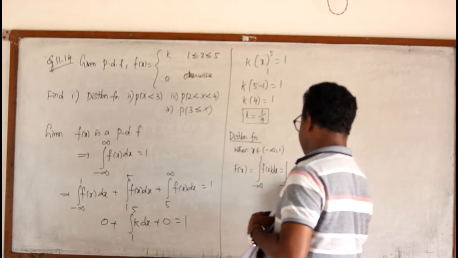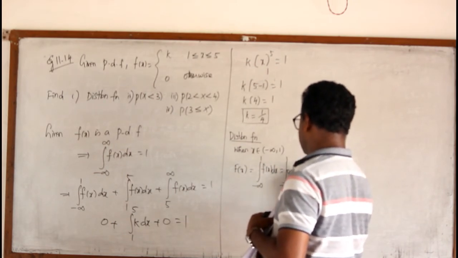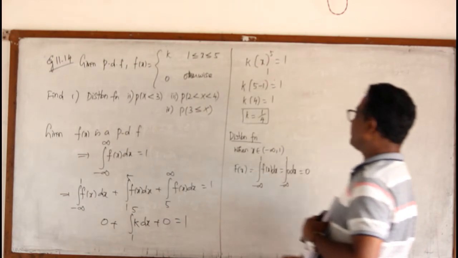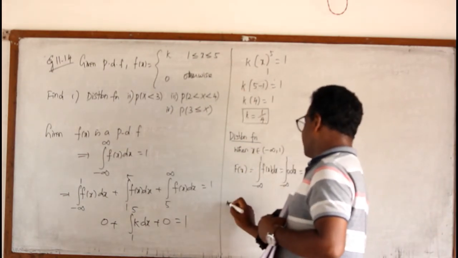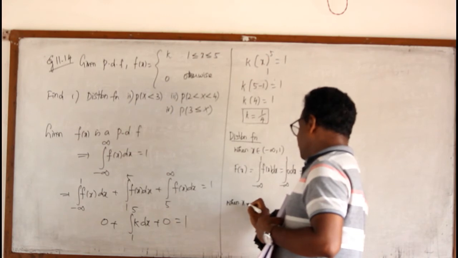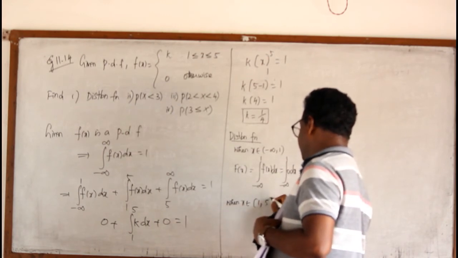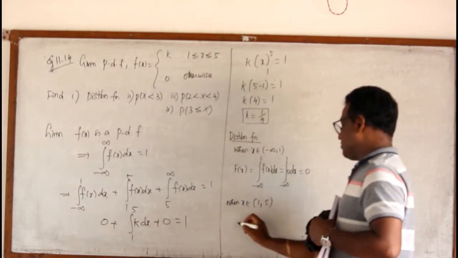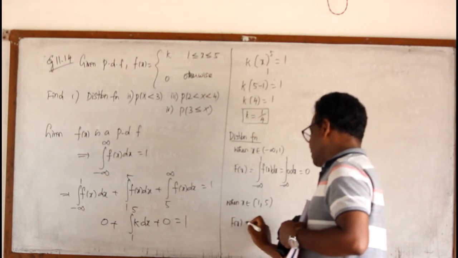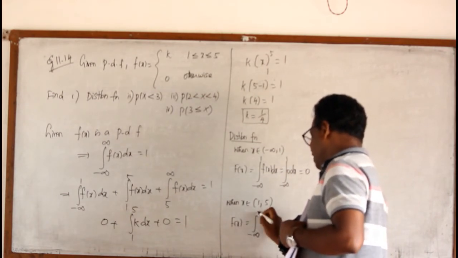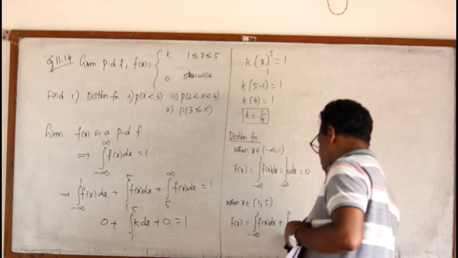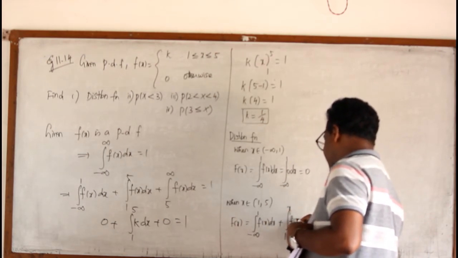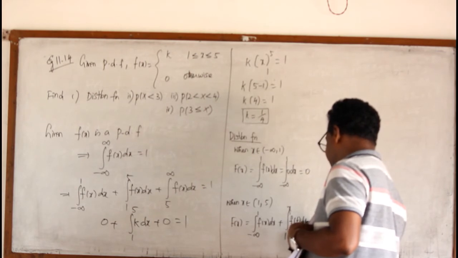But the function does not exist, so 0 into dx, it is 0. Now, second one, here from 1 to 5. When x belongs to 1 to 5, either closed or open doesn't matter, so F of x equal to integral minus infinity to 1 f of x dx must be added with integral 1 to x f of t dt.